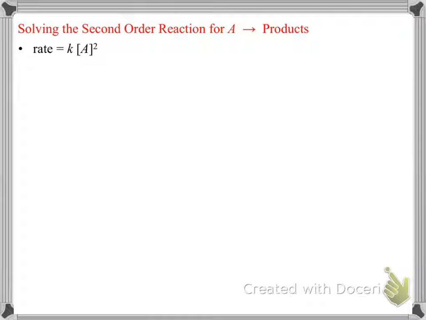Let's discuss the second order reaction equation. In the second order reaction, remember, if the rate is doubled, the concentration is quadrupled, meaning 4 times. So rate equals K[A] squared. Rate is also equal to negative delta A over delta t.